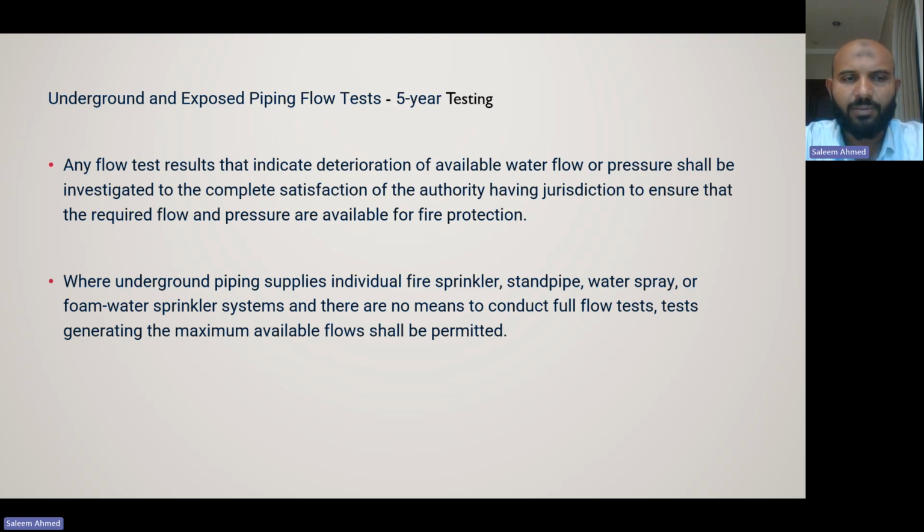So if that particular demand is achieved without any issue, the underground pipe network and exposed pipe network is good. If we have any deterioration, if there is any problem in the flow or the pressure, then it has to be checked, or it has to be further investigated. Where we cannot do the full water demand, whatever maximum amount we can do, we have to do with that available flow. It is permitted as per NFPA 25.